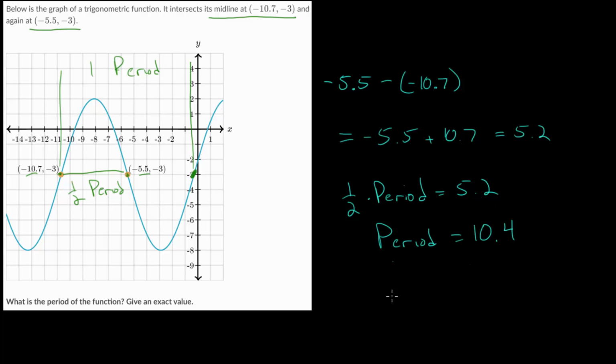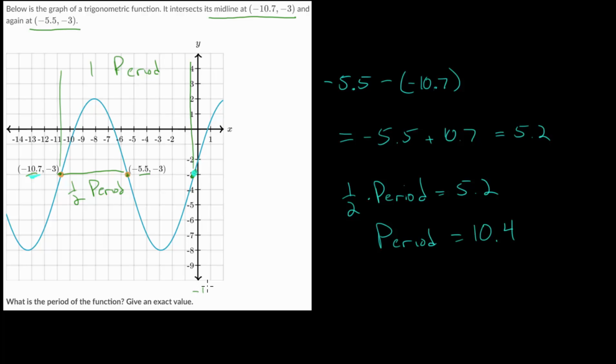And we can roughly check this by figuring out the x value of this midline point where it intersects here. We know it would have a y value of negative 3, but to figure out its x value, we take the x value at this midline point and we add it to the period.